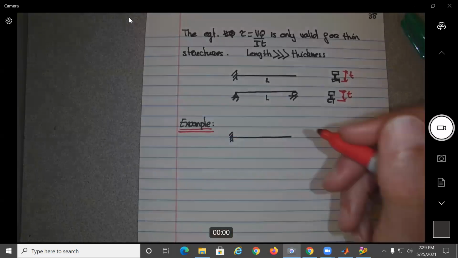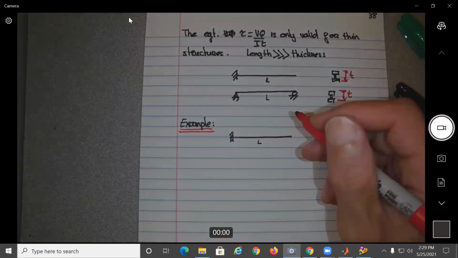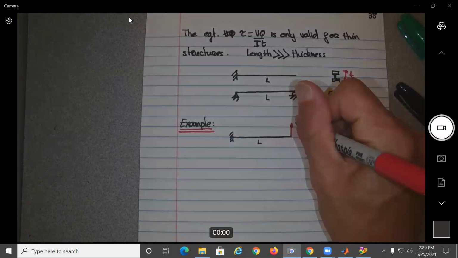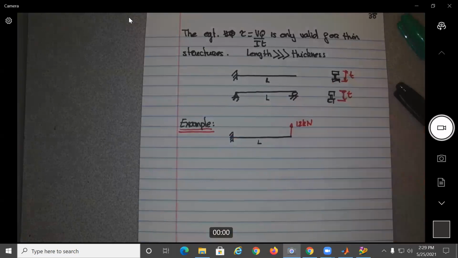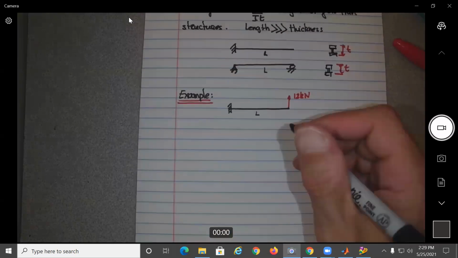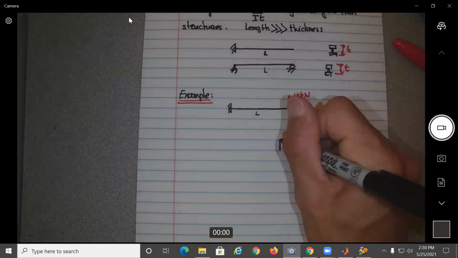It doesn't matter the length. You can put any length, L. But let's say there's a force over here of 12 kilonewtons. I'm not going to redo the analysis, but let's say the cross section of this one will be a T cross section.